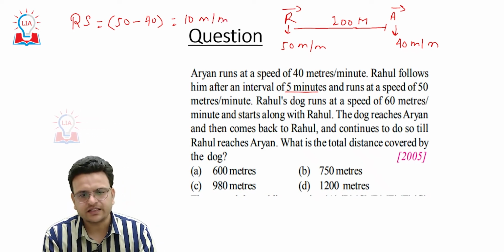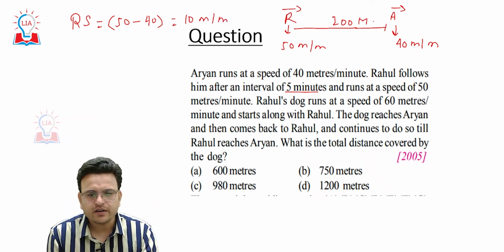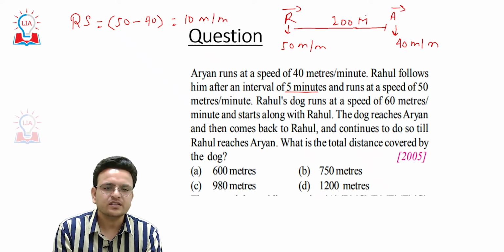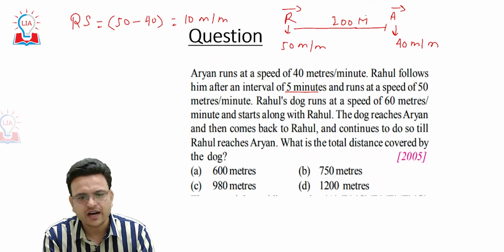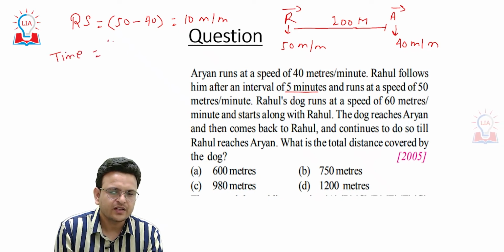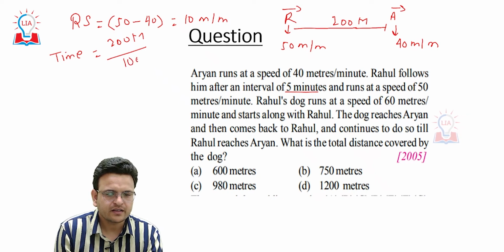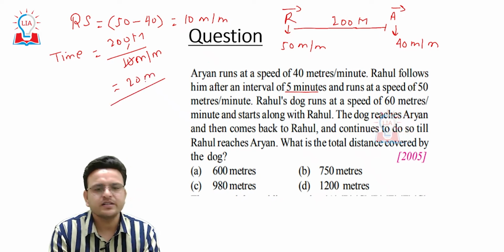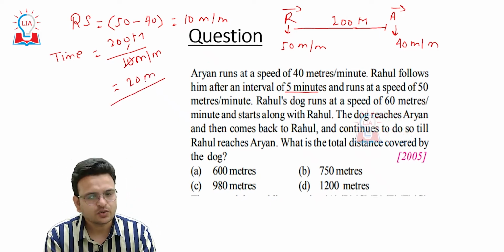At this speed, Rahul is going to cover 200 meters. So how much time will Rahul take to catch Aryan? The time taken will be 200 meters upon 10 meters per minute. It will take 20 minutes. In 20 minutes, Rahul is going to catch Aryan.